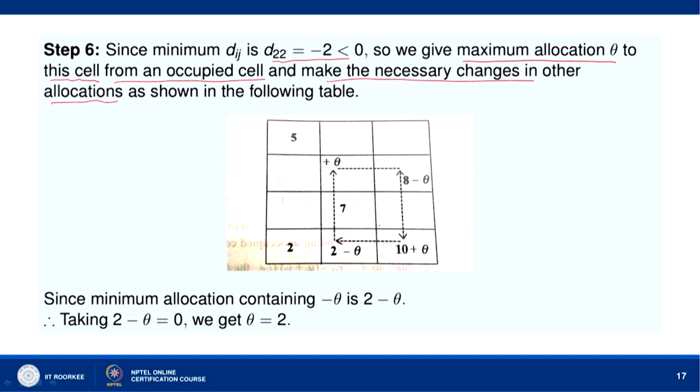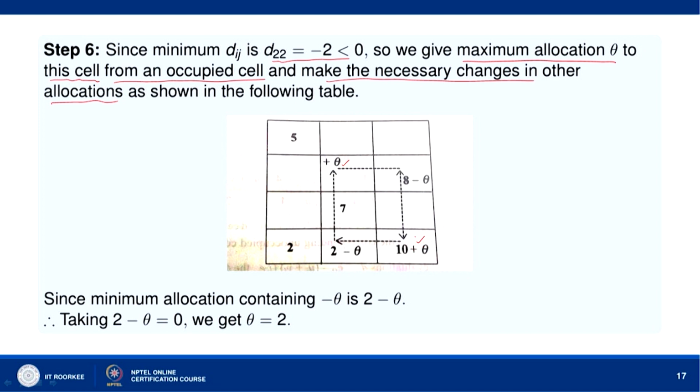loop. Suppose we make allocation theta to this cell, where D22 is minus 2, then we have to subtract theta from this 2. It will become 2 minus theta. When it becomes 2 minus theta, total has to be 14 for this fourth source. So, subtracting theta here means we have to add theta to this allocation, that is 10.